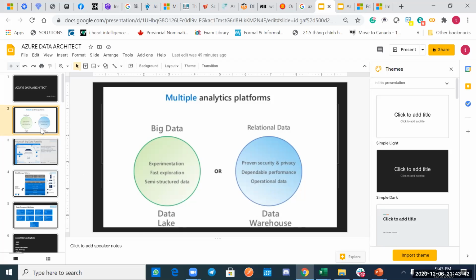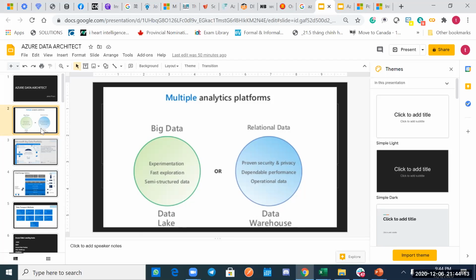Okay, so before we start, let's do a revision on this. We have relational data. It's built on the ACID model. It has proven security, privacy, dependable performance, and operational data, because you have all the restrictions that you can make sure your data really adheres to a certain format, because it's schema on write.